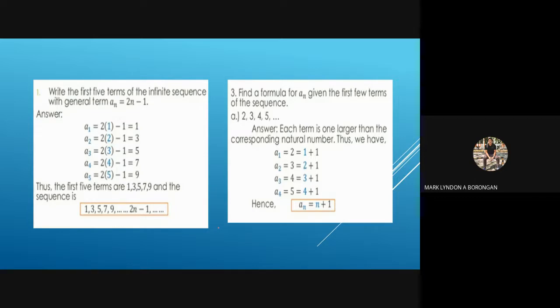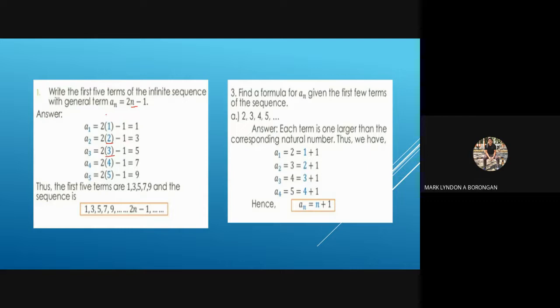Since we are asked to find the first 5 terms, all you have to do is substitute the values for each term. If we are to find a sub 1, we substitute 1 for n. If we are asked to find a sub 2, we substitute 2. If we are asked to find 3, we substitute 3. It's that basic, guys.